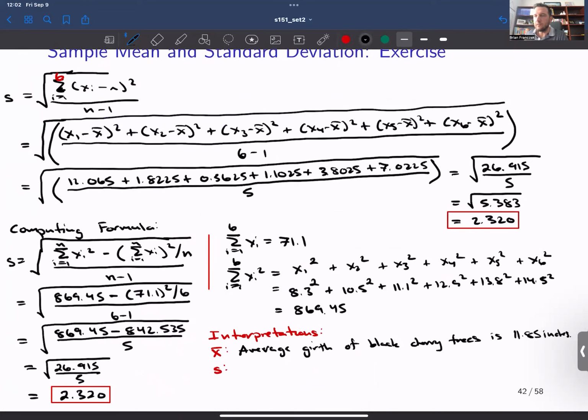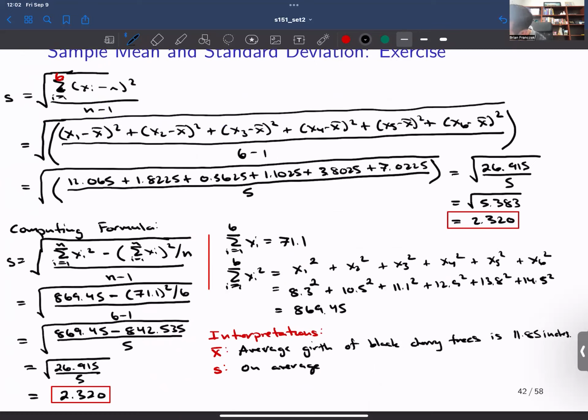The sample standard deviation is a measure of how far the girth of the trees fall from the mean. So the interpretation of the sample standard deviation in the context of this problem would be something like this.